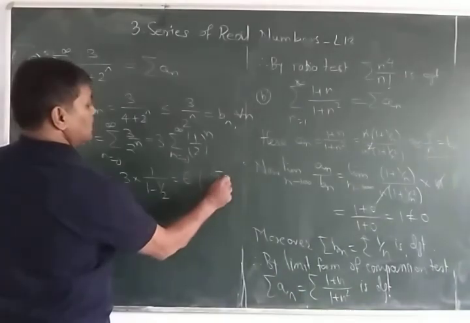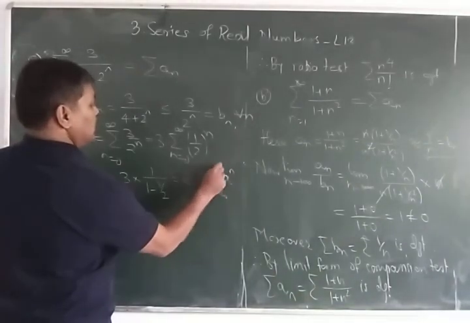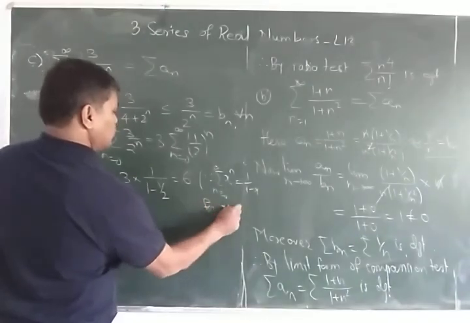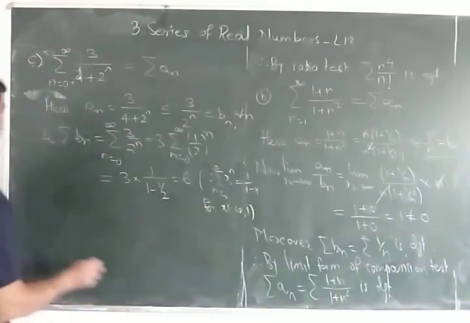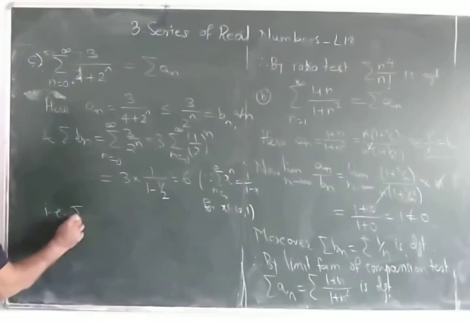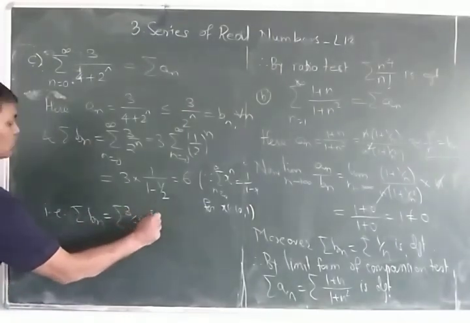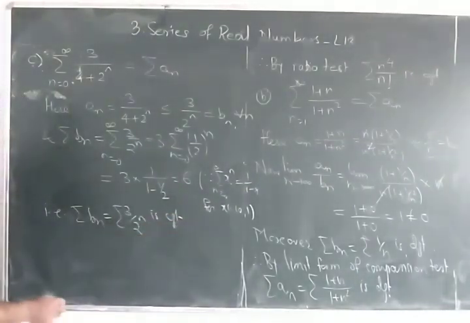Since summation of x raised to n, n equal to 0 to infinity, is 1 upon (1 minus x) for x belongs to (0, 1). That is, summation of bn is equal to summation of 3 upon 2 raised to n is convergent.